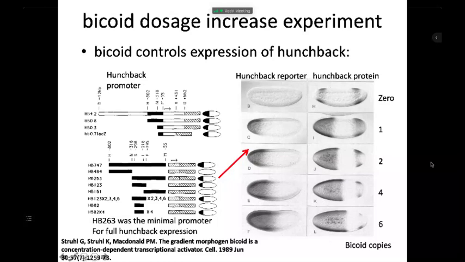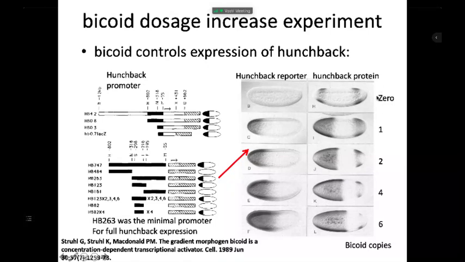And this is proportional to the amount of copies of bicoid that are being expressed. So normally we have 2 copies of bicoid. If we have 1 copy of bicoid, we have reduced amounts of activation of the hunchback reporter.